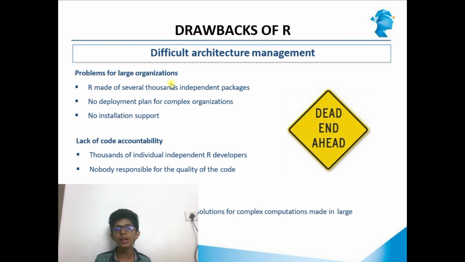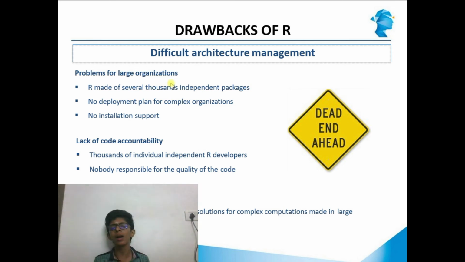R is made of several thousand independent packages, with no deployment for complex organizations and no installation support. Complex organizations, that's what I said, lack code accountability. Thousands of individuals are independent developers. As I said, if you are a large organization with thousands of people working, don't use R, because it can't be integrated with one another.